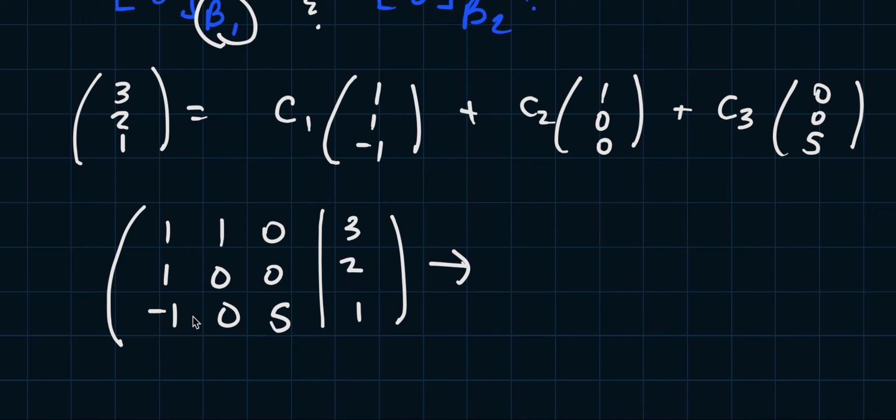I'm going to add row 2 to row 3. And while I'm at it, let's also subtract row 2 from row 1. Let's do 2 steps at once.